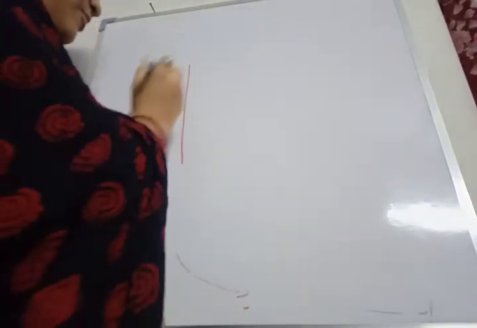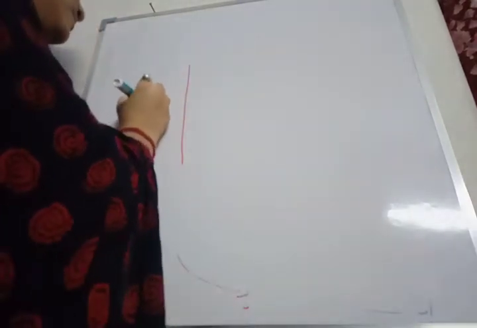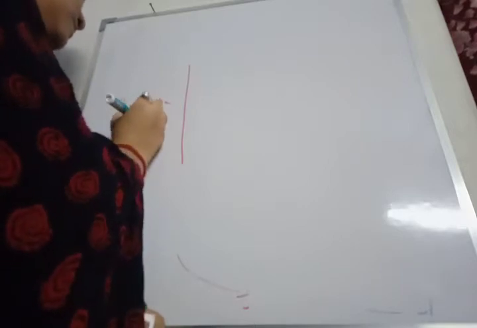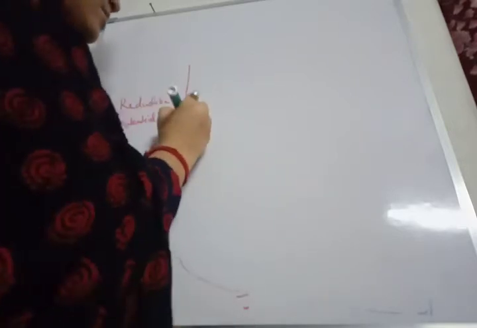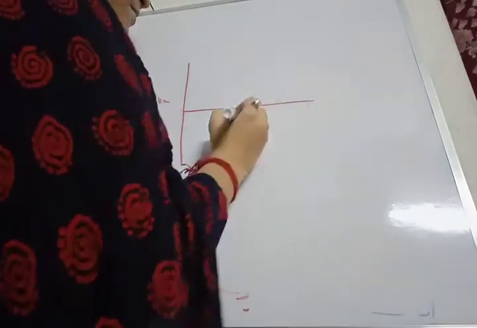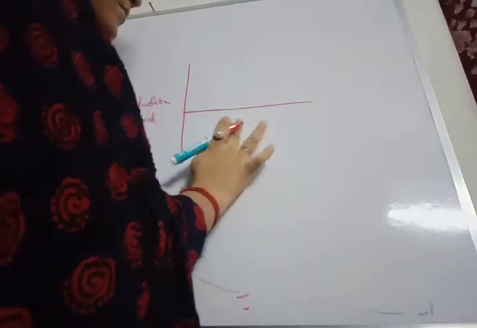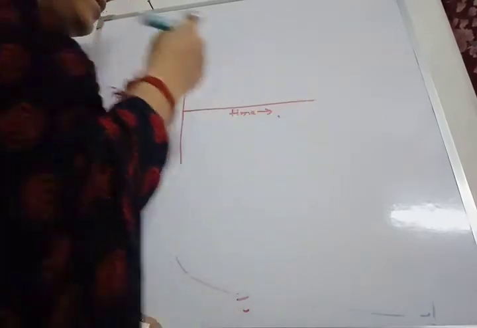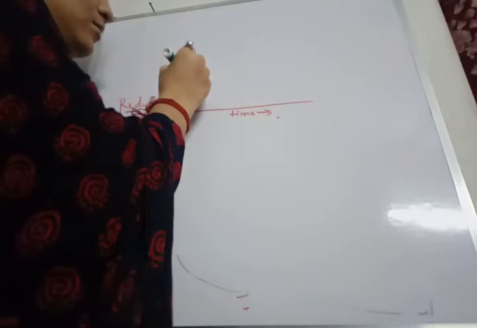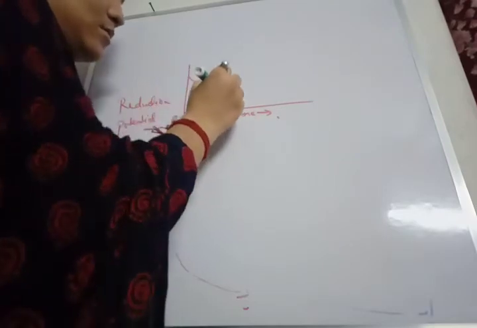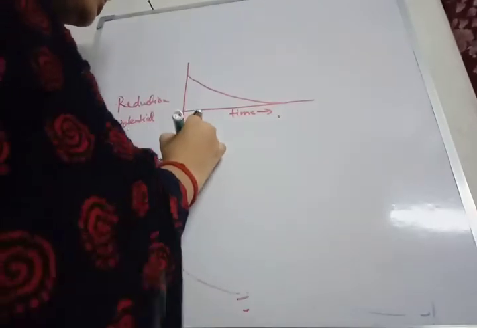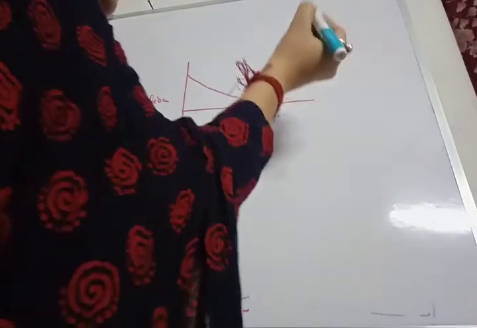If I talk about the graphical plot, this is reduction potential, and this is time. Now what happens? Reduction potential of cathode decreases. Reduction potential of anode increases.